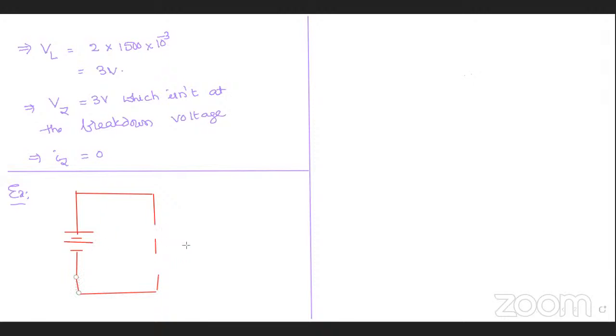Okay, and here the Zener diode is connected. This is the circuit, a known circuit. I think this is simple, what I feel.